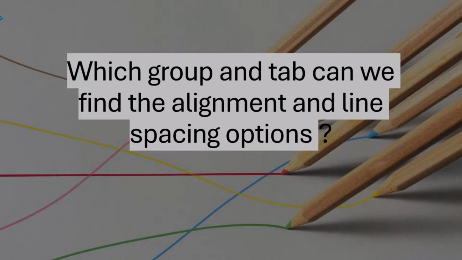So now again, I want you guys to identify which group and tab we can find the alignment and line spacing options. Now we're talking about alignment: left align, center, right align, justify. So which group can we go on?